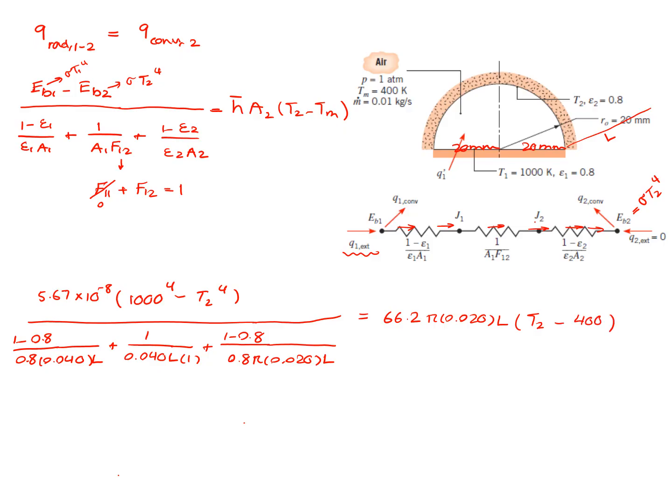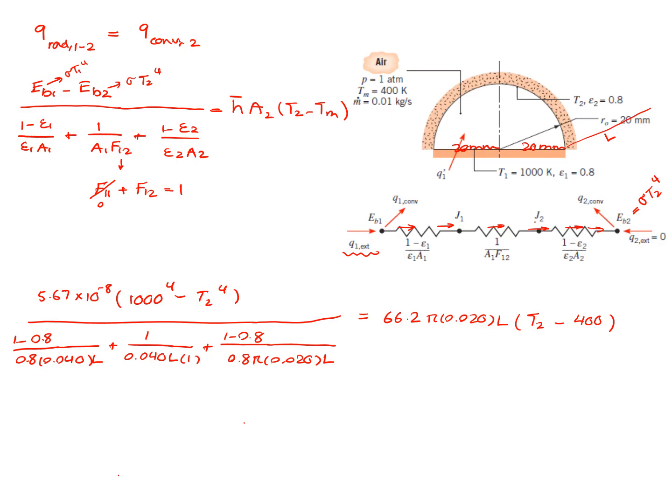So now this relation, it's not very easy to calculate T2 from this relation, because on the one side your T2 is to the power 4 and on the other is to the power 1. If your calculator does that, you could use your calculator for this. If you're sitting at home doing this, you could always use Excel. If it's in real engineering firms, you can definitely use tools to calculate that.